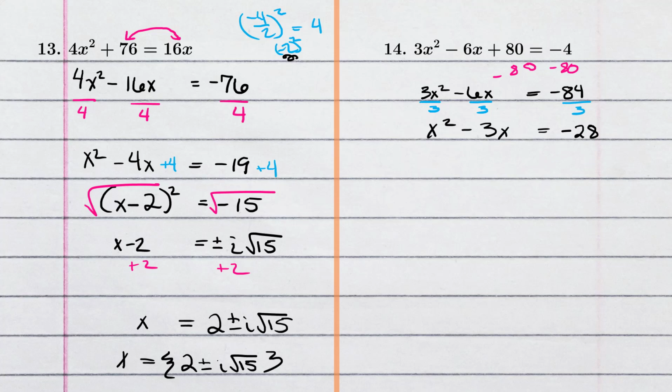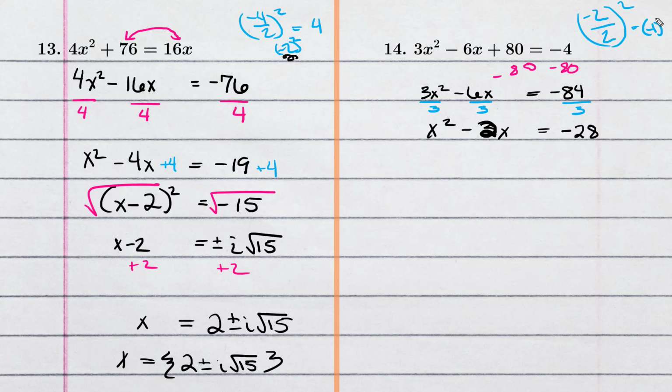And so now we're going to go through the process for each of these things. Excuse me, that gives me a 2 here. And so I take that negative 2, divide it by 2, and square it.